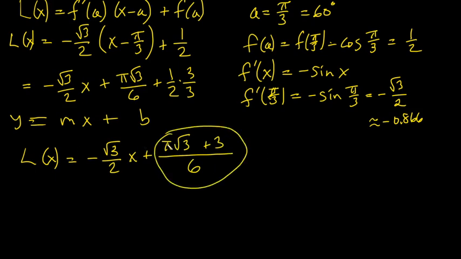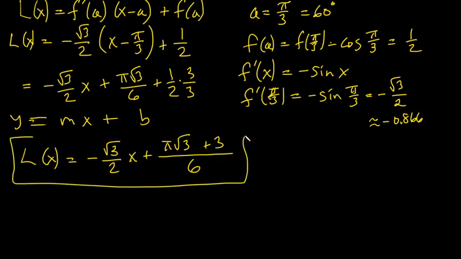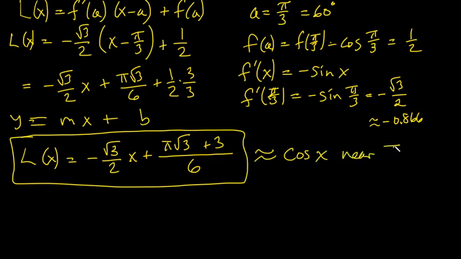So now this is my b, and this is my m. Okay, so there we go. That's our linear approximation. Remember, this represents an approximation of cosine of x, but only when we're near pi over 3, near 60 degrees.